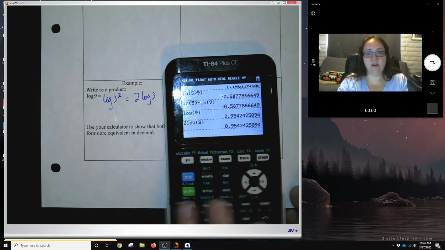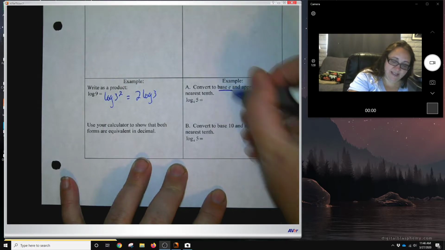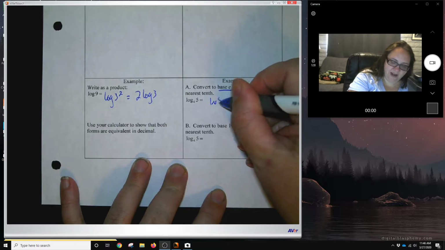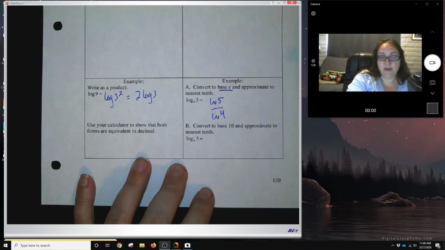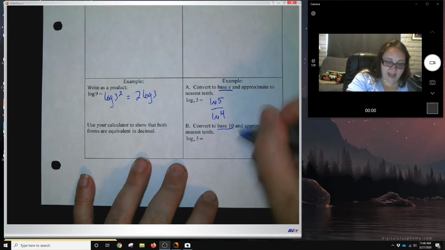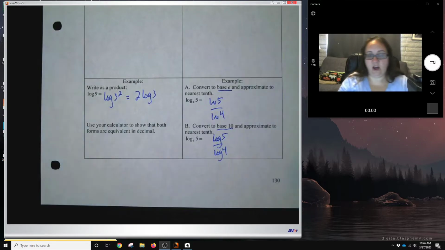Log of 9, 2 times the log of 3. Okay, that one worked. So then log base 4 of 5 in base e would be the ln of 5 divided by the ln of 4, and in base 10 would be the log of 5 divided by the log of 4.